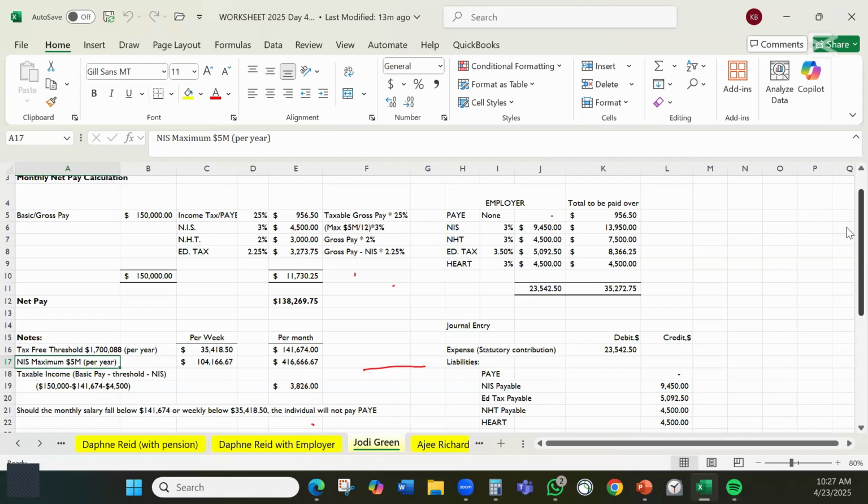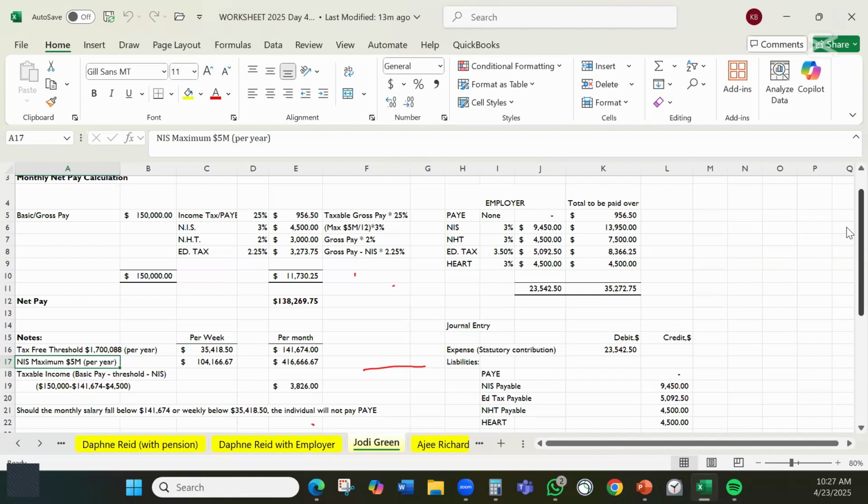And I figure it's because she makes more than the threshold annually. So this tax applies to her. More or less. Less.